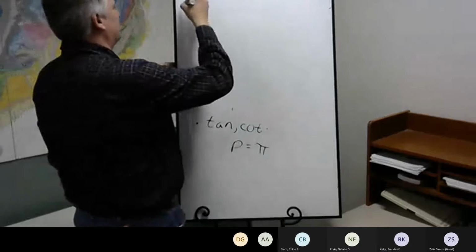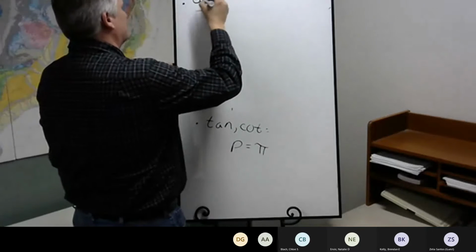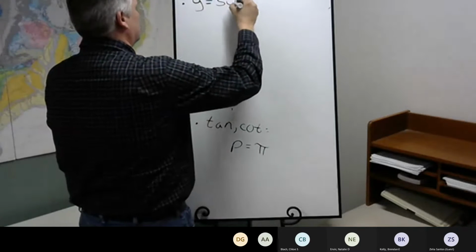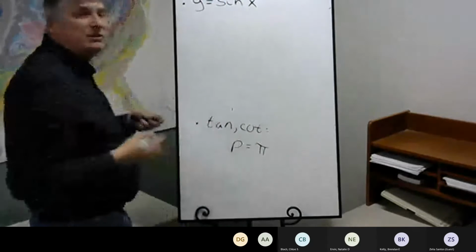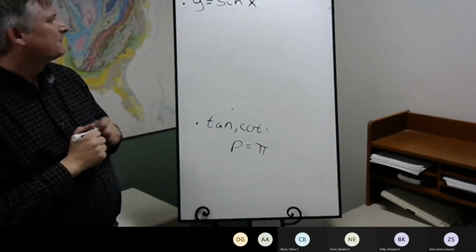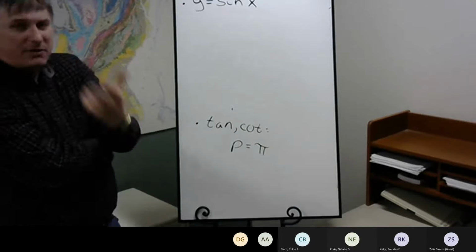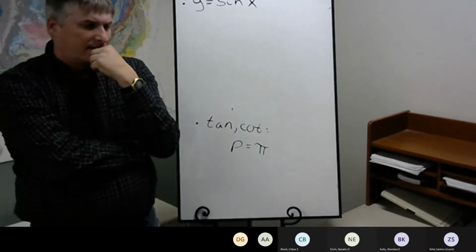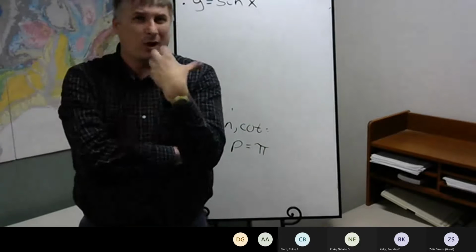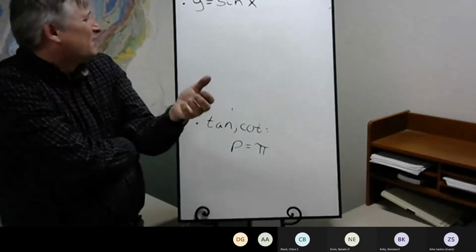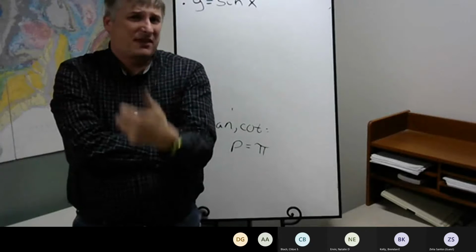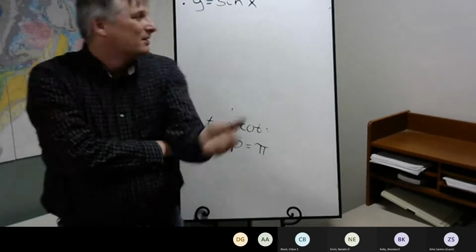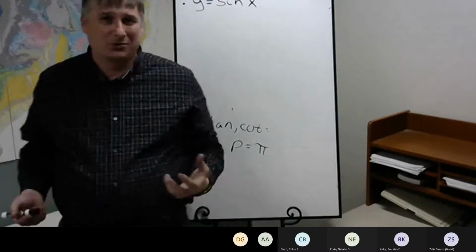So for sine, and I mentioned this in my trig class, we usually think of sine of theta, and that x is the cosine of theta, y is the sine of theta. We're going to switch over now. Instead of using theta, we're going to use x as the angle, and y is just the output of the trig function.